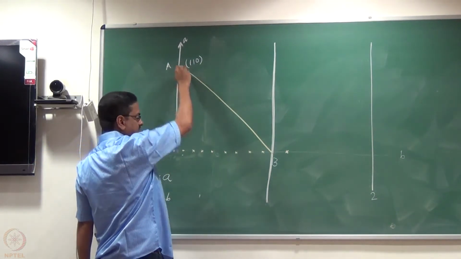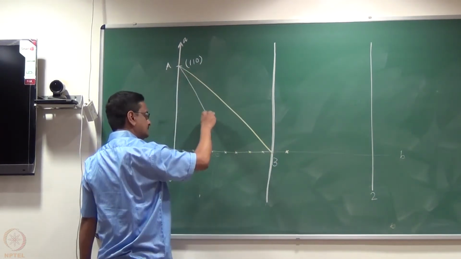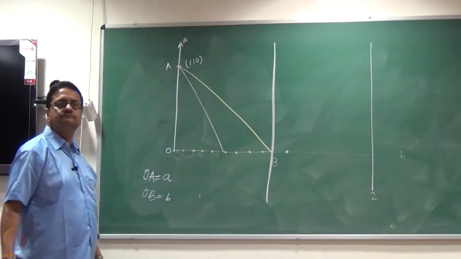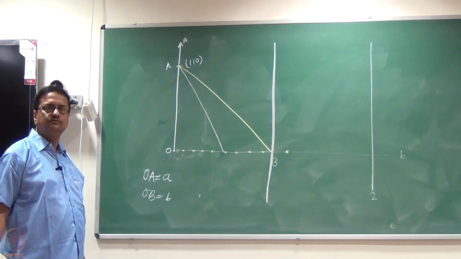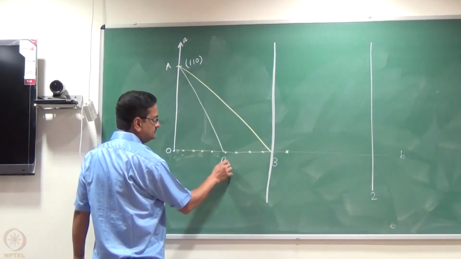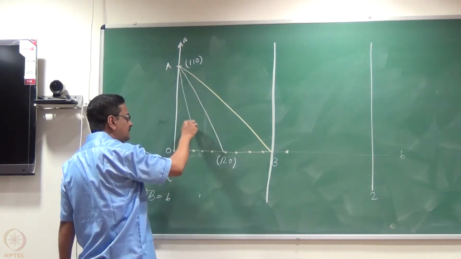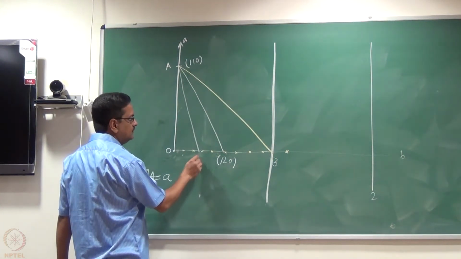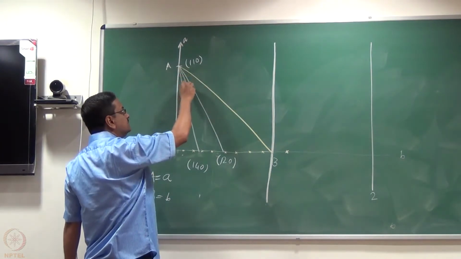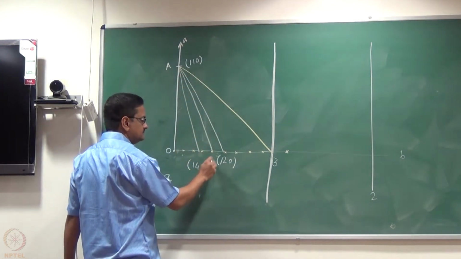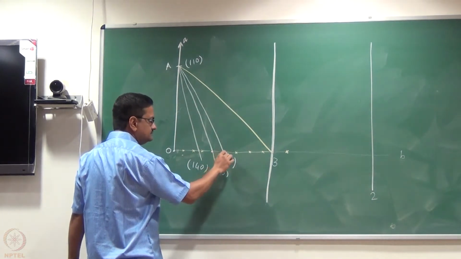If I do it like this, 1, 2, 0, like this, 1/4 suppose. So 1/4, 1/3 would be somewhere there. Like that.